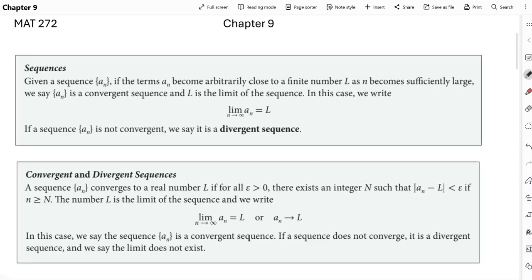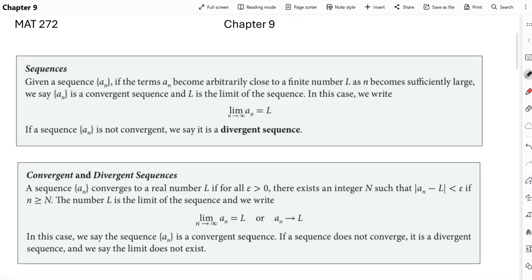Given a sequence a sub n, if the terms a sub n become arbitrarily close to a finite number as n becomes large, we say that that sequence is converging to L, and the limit of the sequence is L. So now we're going to start talking about taking the limit of a sequence. We want to know if it's going to converge or if it's going to diverge.